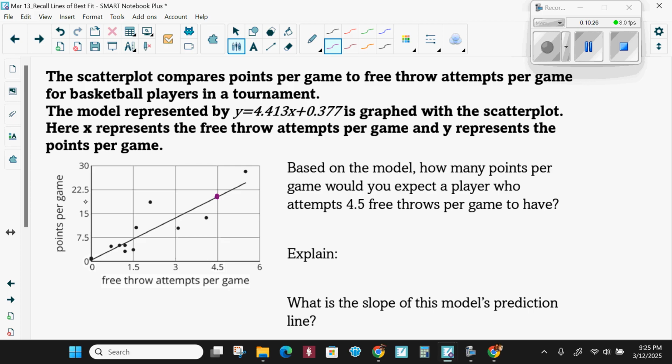So we're looking somewhere between 15 and 22.5. We're going to put 4.5 in for X. So we're looking at approximately 20.2 points per game.